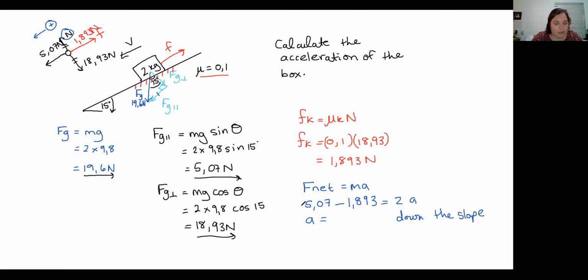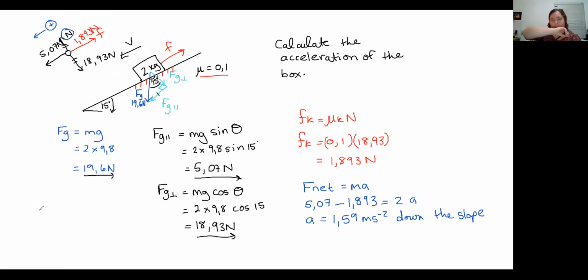If I divide that by 2, you'll see that my acceleration is 1,5885, which I'm going to round up to 1,59 meters per second squared down the slope. So this acceleration would cause the object to accelerate back down the slope.